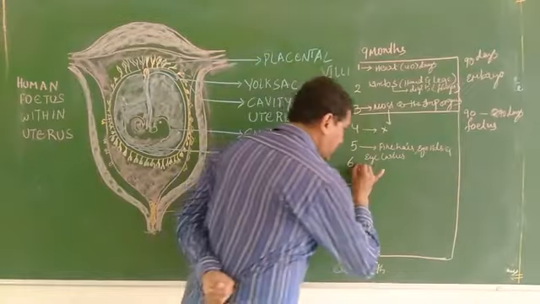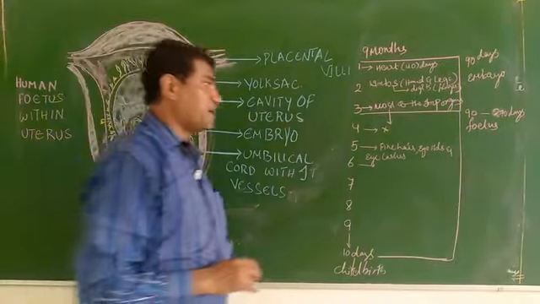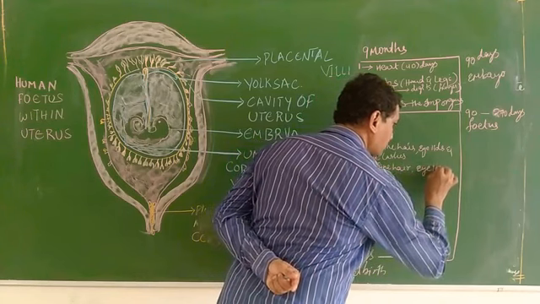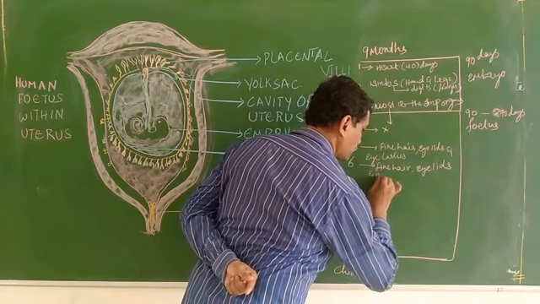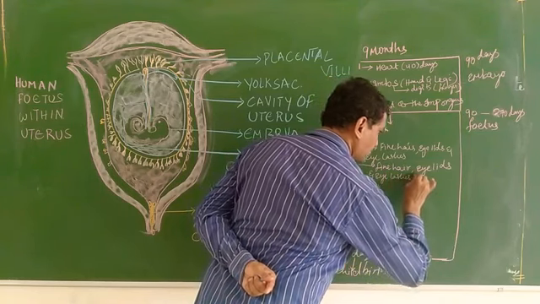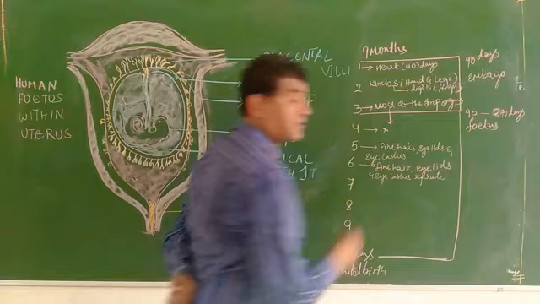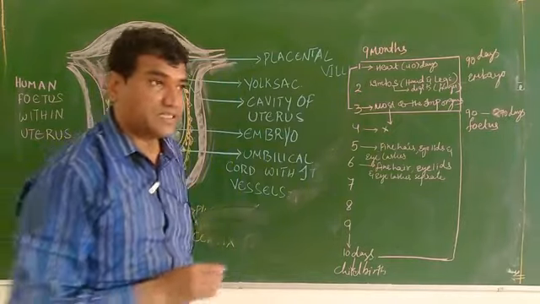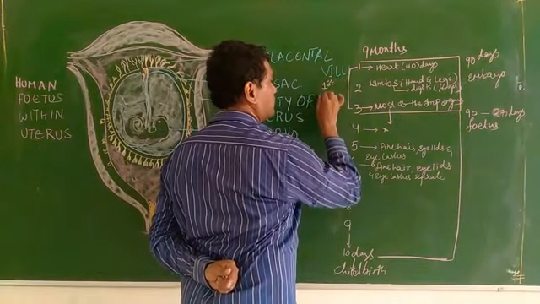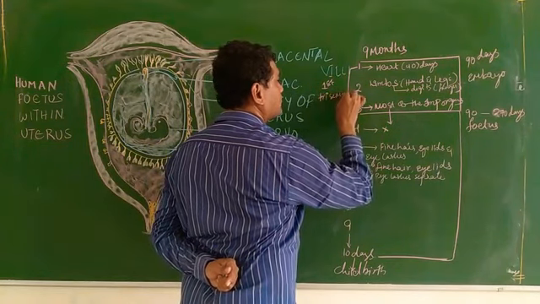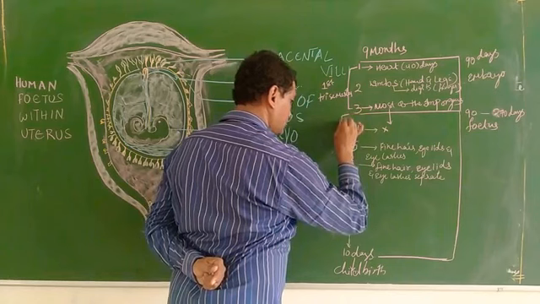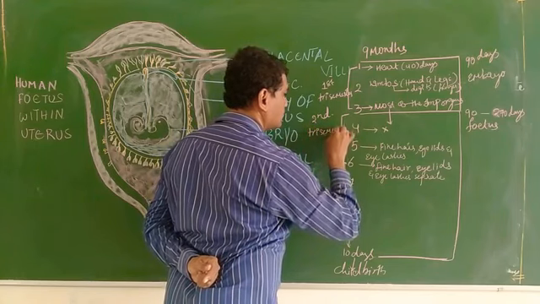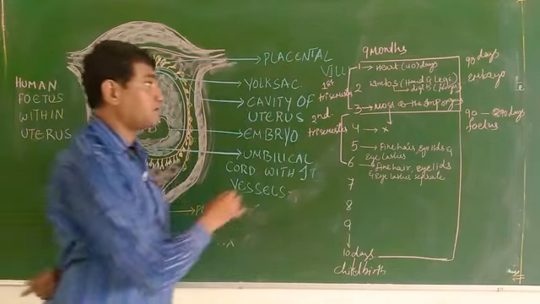In the sixth month of pregnancy, the fine hair and these features separate, and this is called the first trimester.